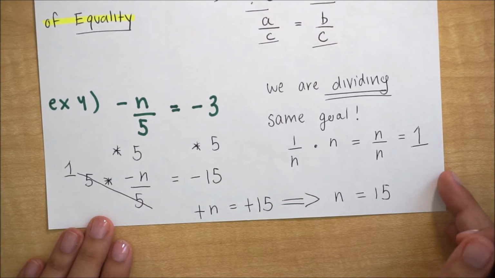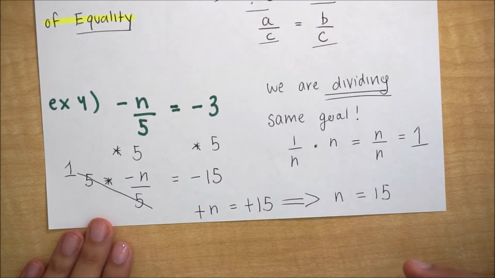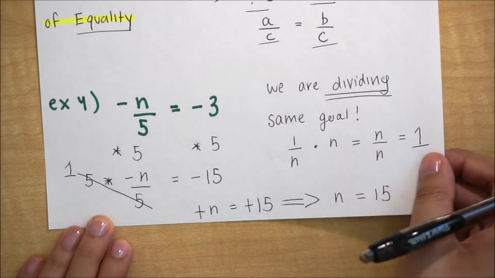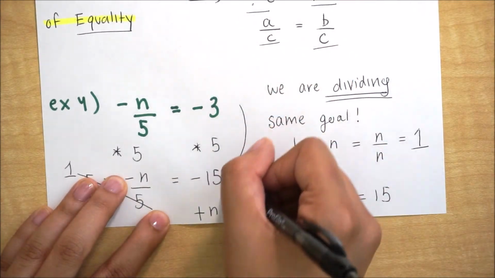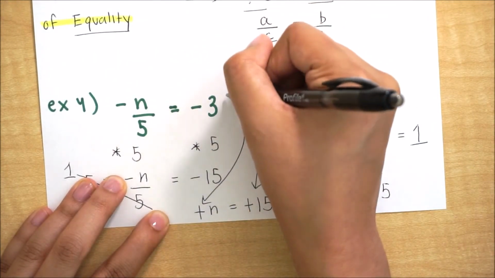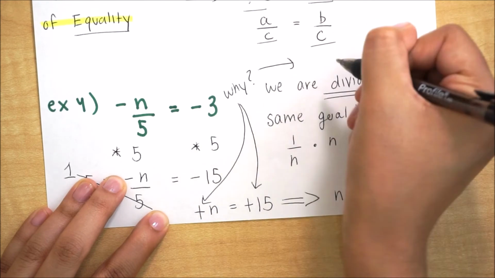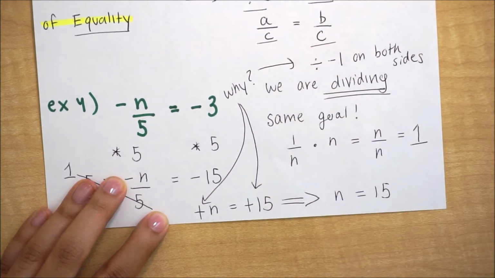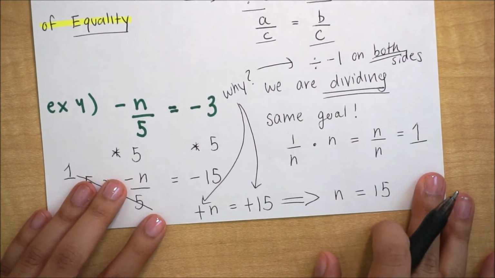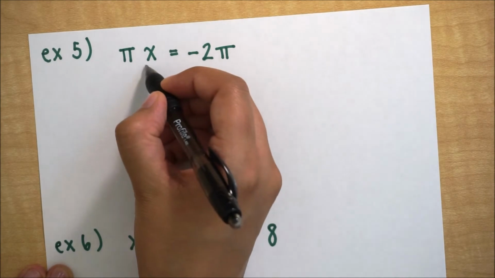Further explanation: when I made those 2 signs positive, I am essentially dividing both sides of the equal sign by negative 1. And I have to emphasize both sides. Any operation you do has to be done to both sides of the equal sign.